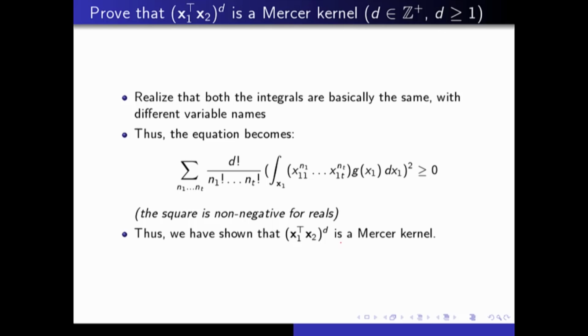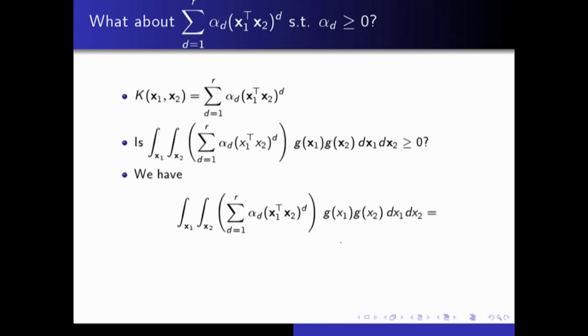Can we take this further? We could also show that linear combination of the dot products raised to d is also a kernel, and this is very simple because all we have is integral over sum, which can again be written as sum of integrals. This can be rearranged by bringing the integrals, and what do we see?